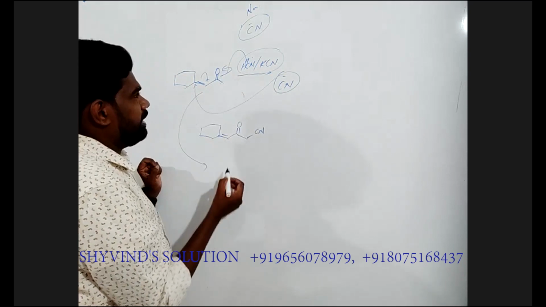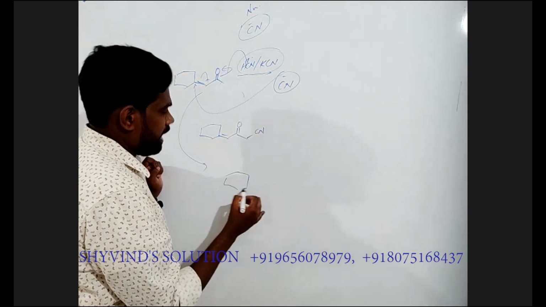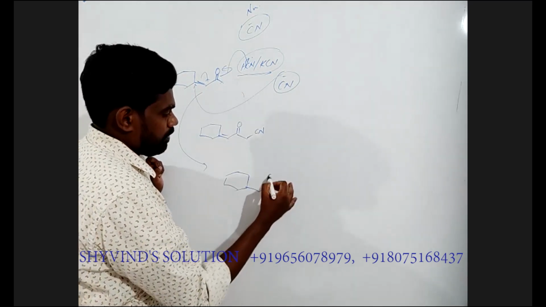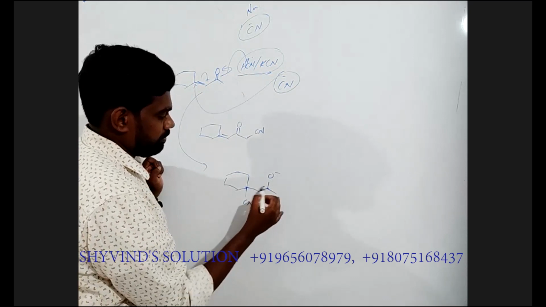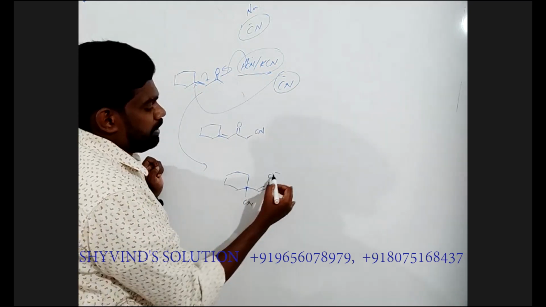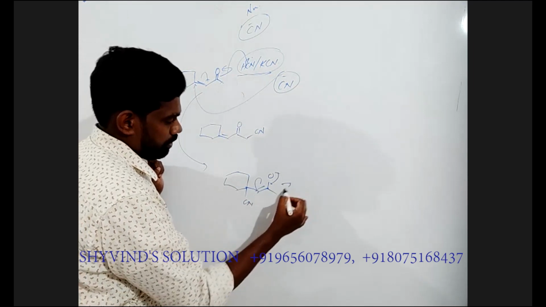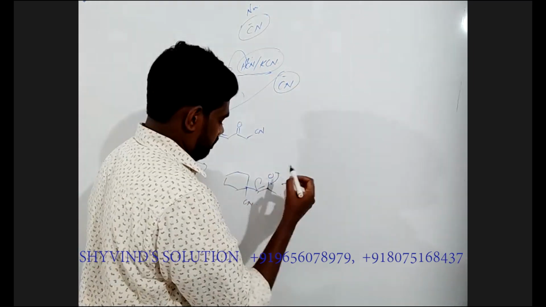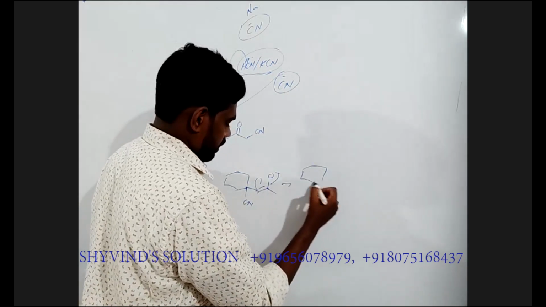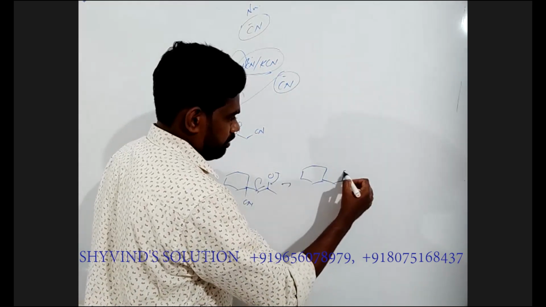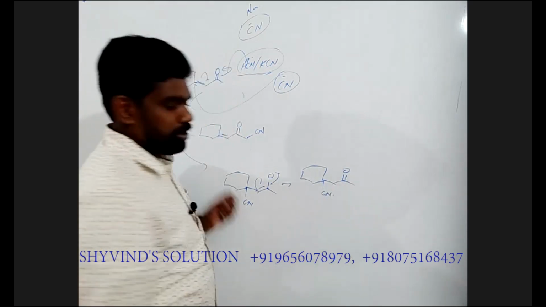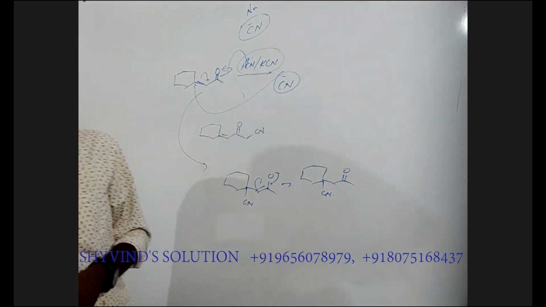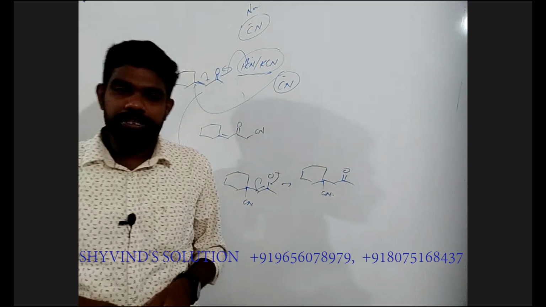So we get O minus, CN will be here, and the minus charge will be here. When it comes back, it will be protonated from the solvent, since HCN is given. So we'll get the product like this, with the CN here. This is the answer, and the answer is option C.